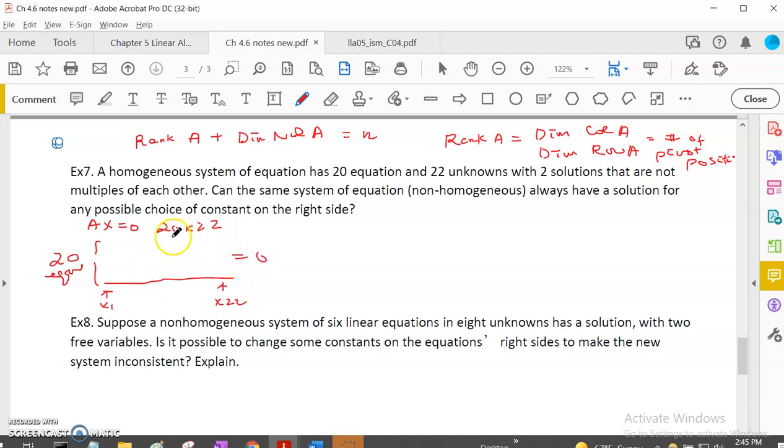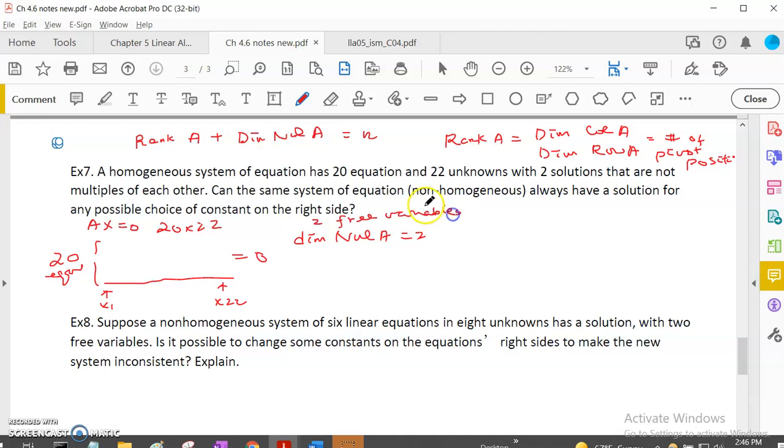But it has two solutions that are not multiples of each other, so these are not zeros. This can only be obtained by having free variables. So the dimension of null A is equal to 2, that is, 2 free variables.